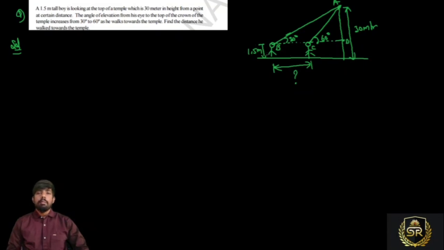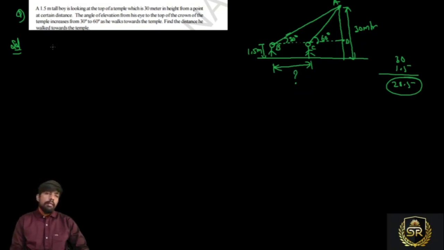Now here 1.5 meters is there, right? Can you tell me what is the height of AD? This is 1.5 meters, then what is this height? 30 minus 1.5 meters is 28.5. So the height of the person is 1.5 meters and the total height of the temple is 30 meters.